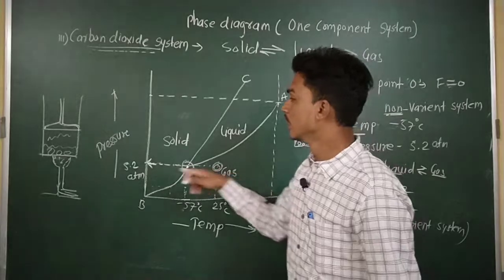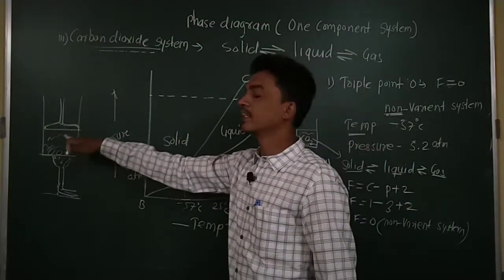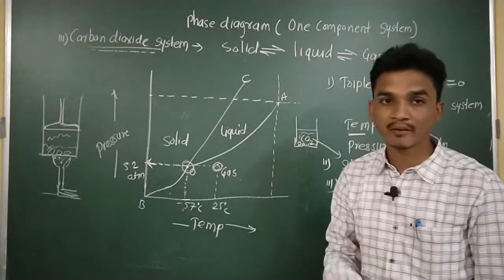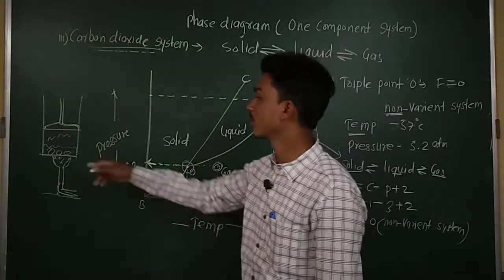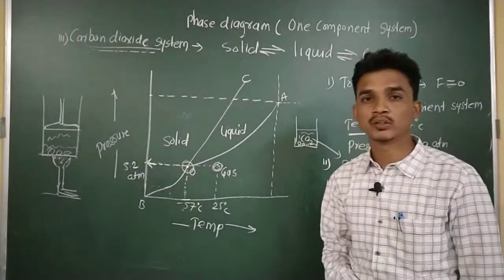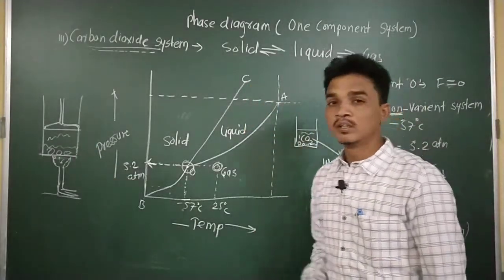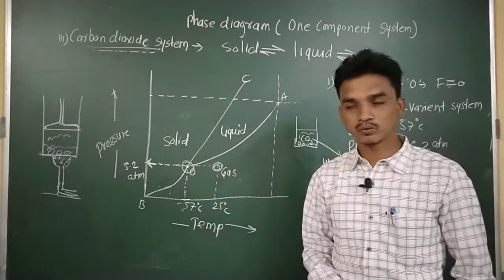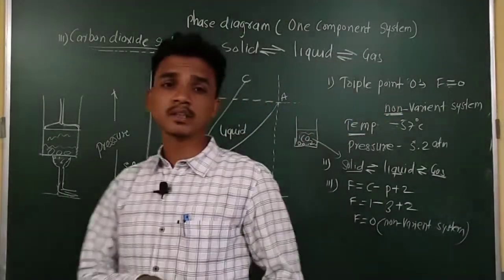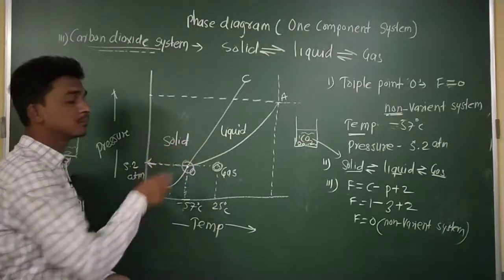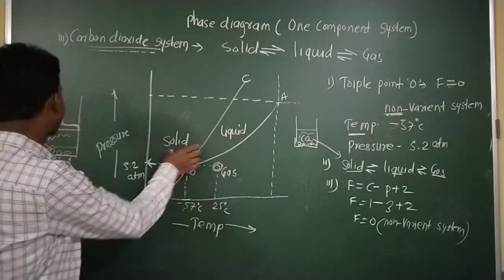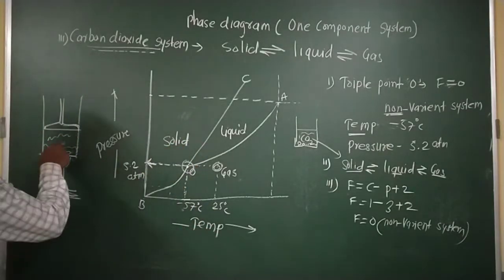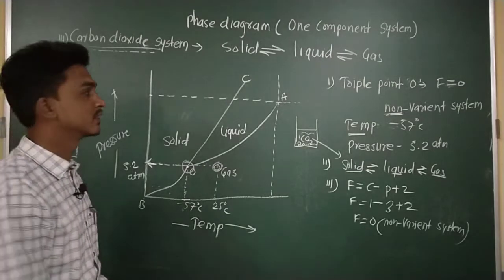The solid and liquid carbon dioxide molecules get converted into gaseous state. Suppose the carbon dioxide system is in front of me, and in the beaker the carbon dioxide molecules exist in 3 phases.